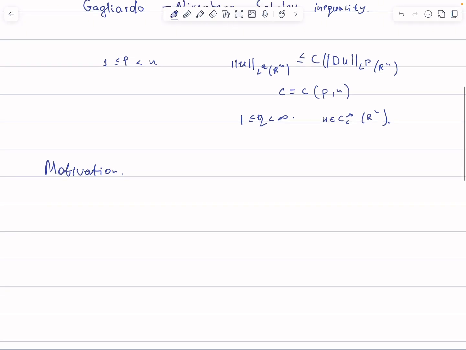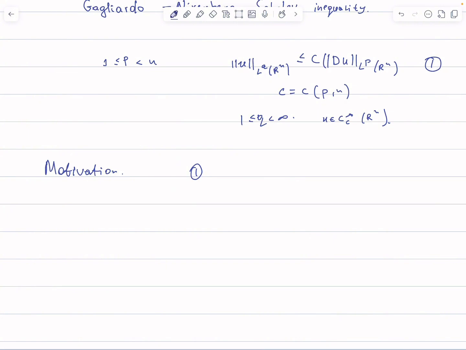If this inequality number 1 is true, then it cannot be for arbitrary q.